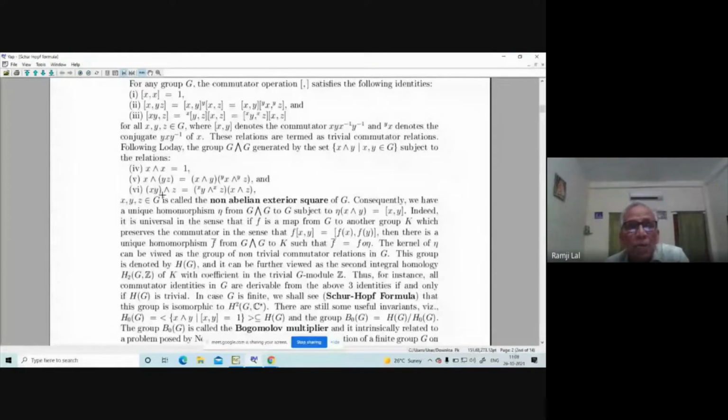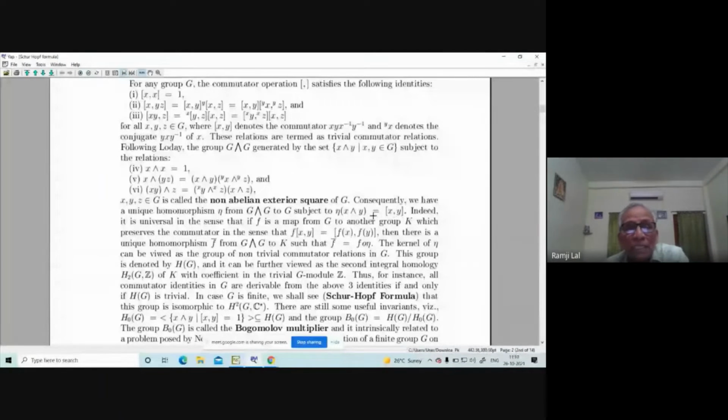So if G is an abelian group, it is just the same thing. Consequently, we have a unique homomorphism. It satisfies all these first, second, third identities. Therefore, from the universal property, it has a unique homomorphism eta from this exterior square to G, subject to this condition, eta of x cap y is equal to this.